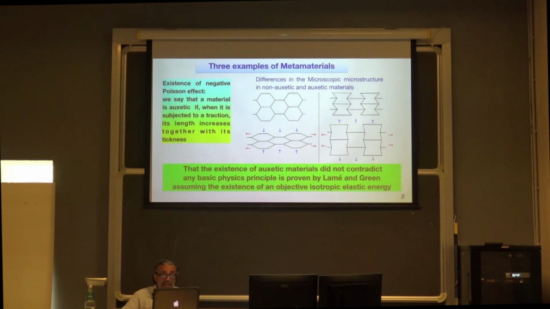I want to underline that the existence of auxetic material did not contradict any basic physics principles, whatever was believed before Lamé and Green, and this result is simply related to a theoretical reasoning developed by Lamé and Green about the class of objective isotropic elastic energies in first gradient continua.